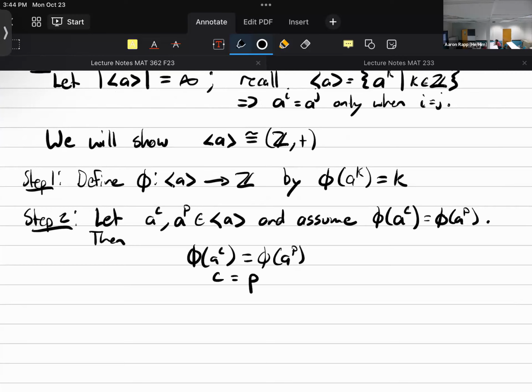If these exponents are the same, C and P, that means those inputs, A to the C and A to the P power, have to be the same exact value. Therefore, we've shown you give it two inputs, you assume the outputs are the same, then that directly implies the inputs are the same. What can we call it?